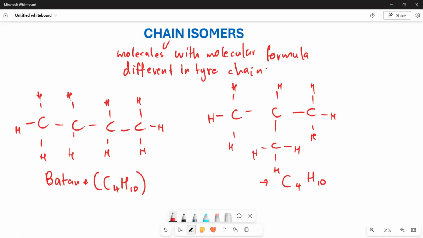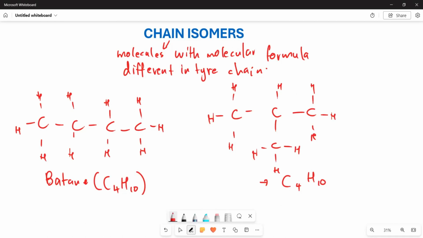So basically, can you see that the arrangement of your butane has changed? The type of chain has changed, but the molecular formula is still the same, C4H10. Why C4? Because you have 1, 2, 3, 4 carbons here, and you have 10 hydrogen around.